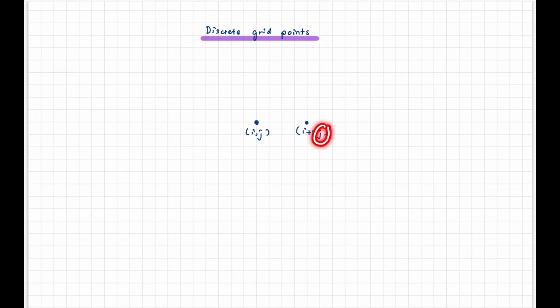So in this case, j remains. j only changes if we move up or down. And at this point, i minus 1, j. At this point, i remains because i is the value of x, so j changes to j plus 1.